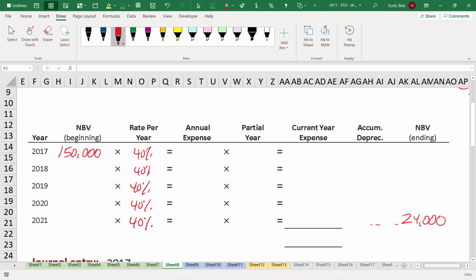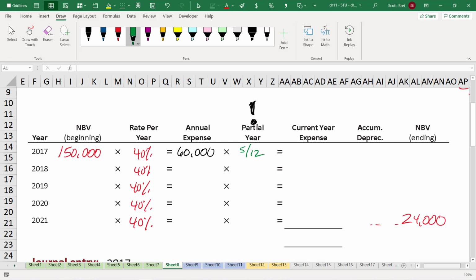So let's start from left to right, top to bottom, okay? First thing we're going to do is multiply the beginning net book value, which is just $150,000, that's the cost, times 40%. We calculate $60,000 in this case, but be careful if it's a partial year. In this case, the first year is 5/12 of the year.